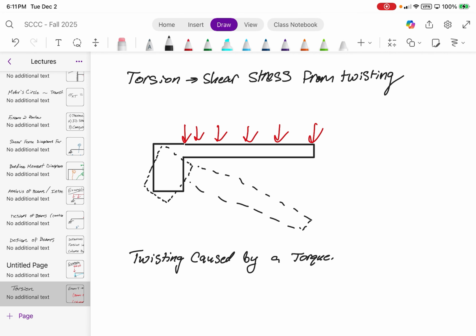So with all of this in mind, we can then calculate the angle of twist. This angle of twist is going to equal the stress times the length divided by the shear modulus times the radius.